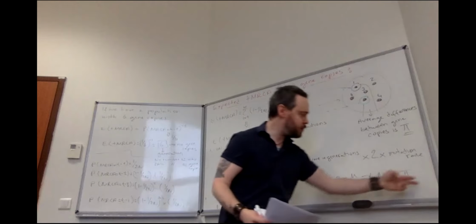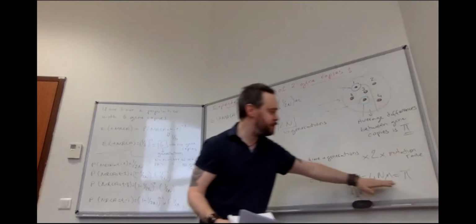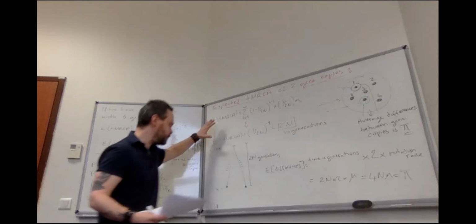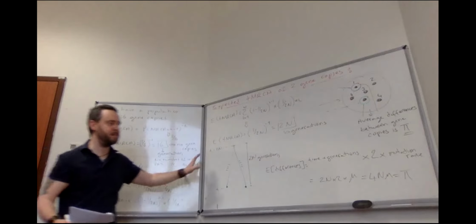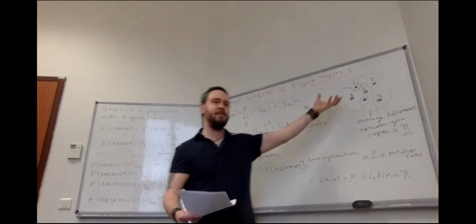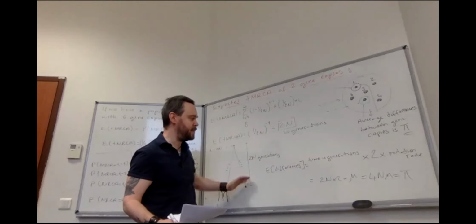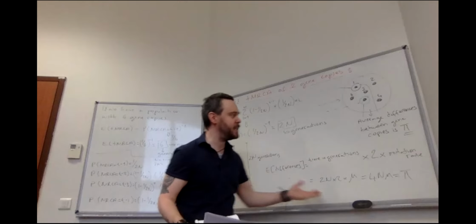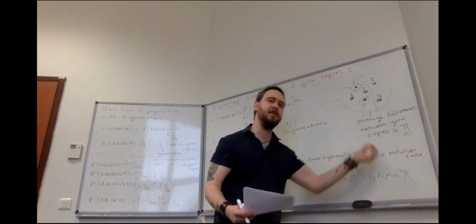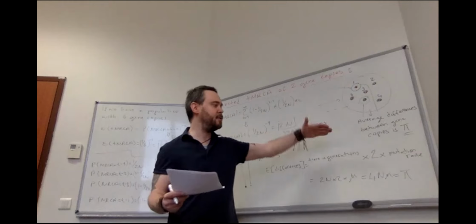But right now what we've done is build a kind of predictive algorithm. Using our expectations of time to the most recent common ancestor and knowing something about how gene copies diverge, we've come up with an expectation for how much difference we should observe between any two gene copies.